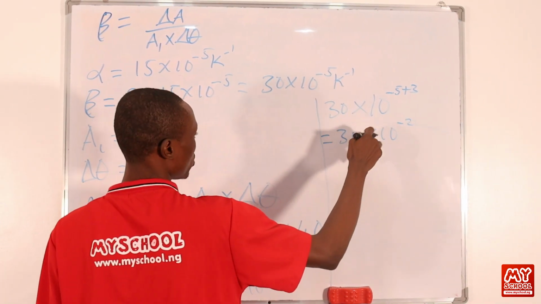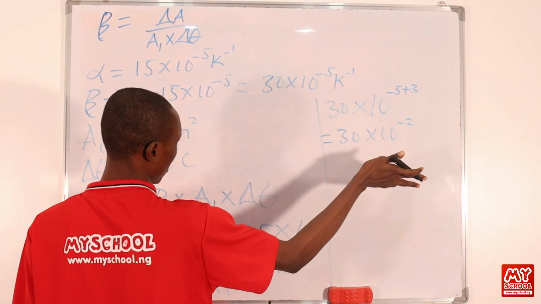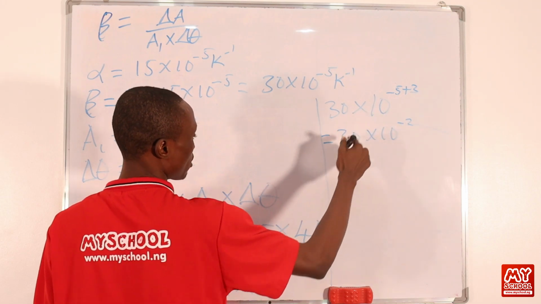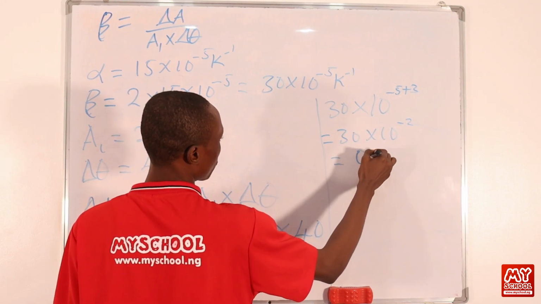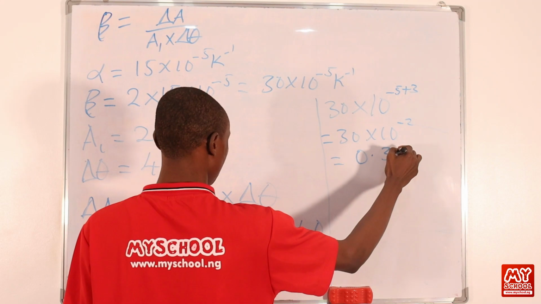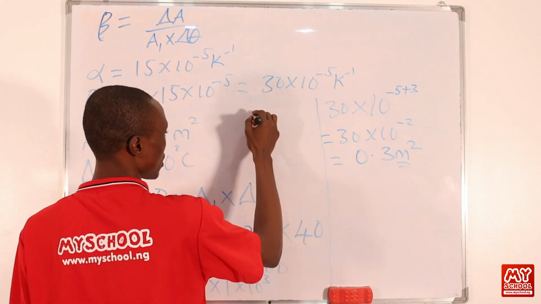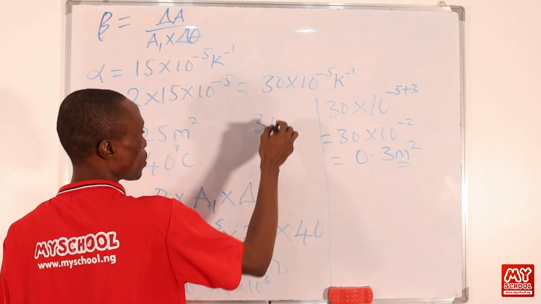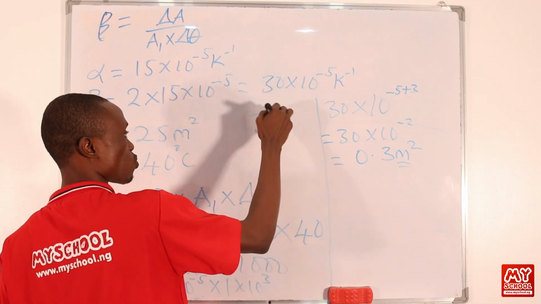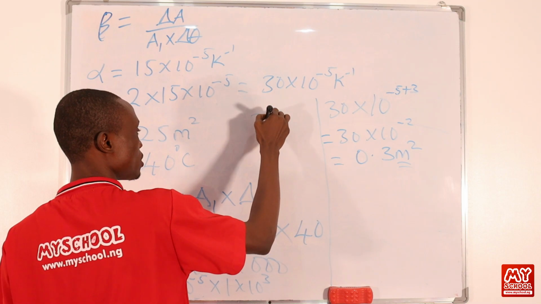If we change this to ordinary form, of course this is not a standard form anyway, but if we take this to ordinary form, we'll have 0.3 meters square. More or less like we have 30, right? And our decimal point is here, so we're moving it twice, so that would be 1, 2.